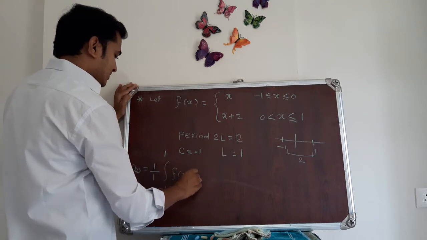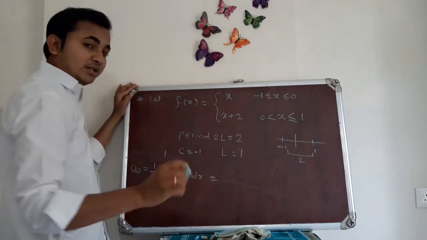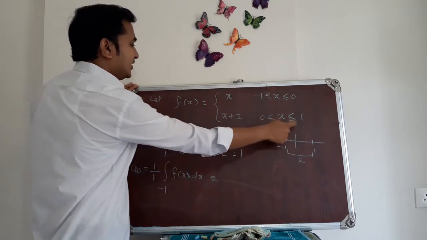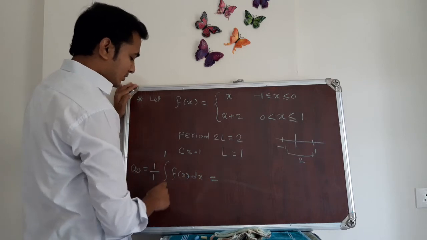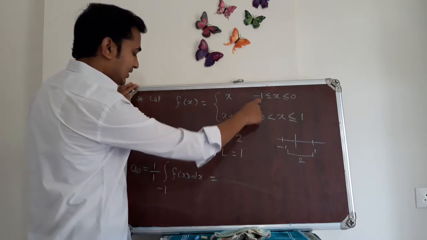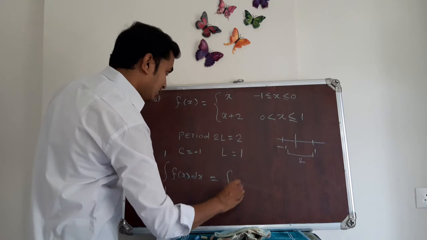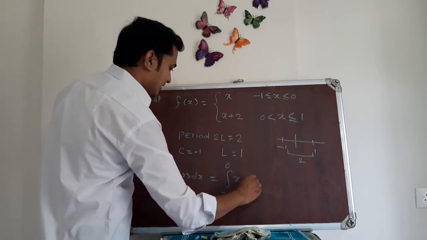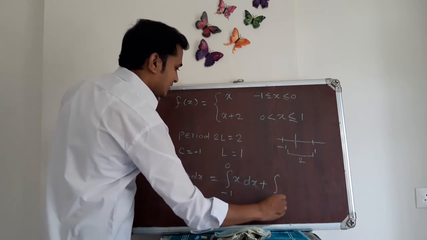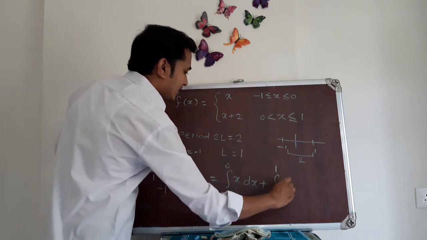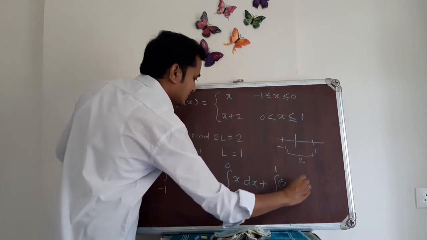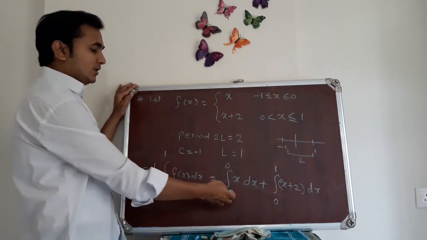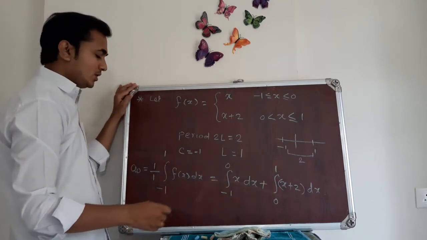x dx. The point to note is that from minus 1 to 1, this function is split into two subfunctions, so you are going to split this interval accordingly. So this is minus 1 to 0, x dx, plus 0 to 1, x plus 2 dx. This is the first point to note. Now you can find this Fourier coefficient on your own.